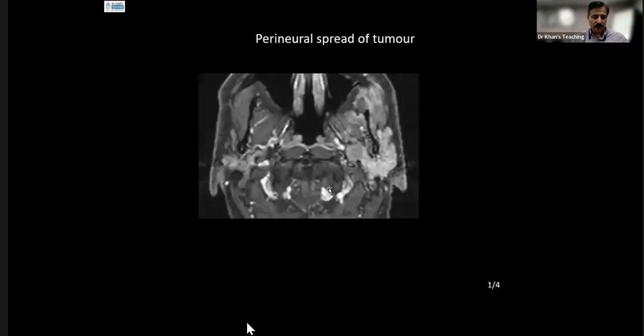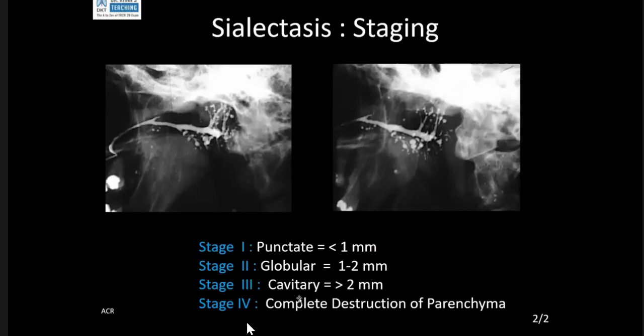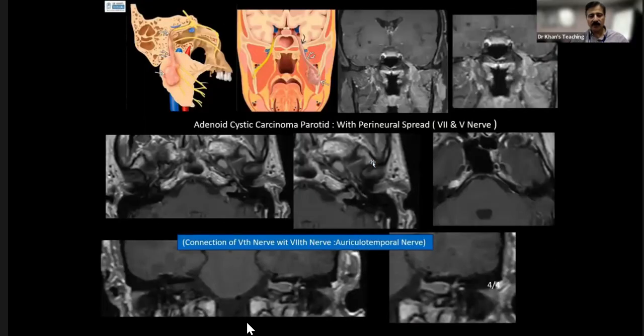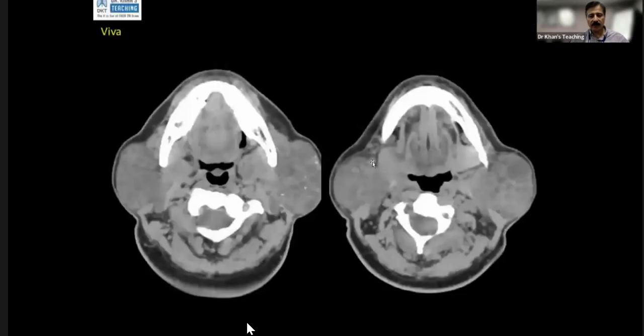You remember these words: this is complete destruction of parenchyma. Simple as that. It is stage 4 of sialectasis, where there is no parenchyma, there is cystic change, cystic dilatation, and there can be lymphocyte aggregates with it, which you will find difficult to differentiate from any tumor.